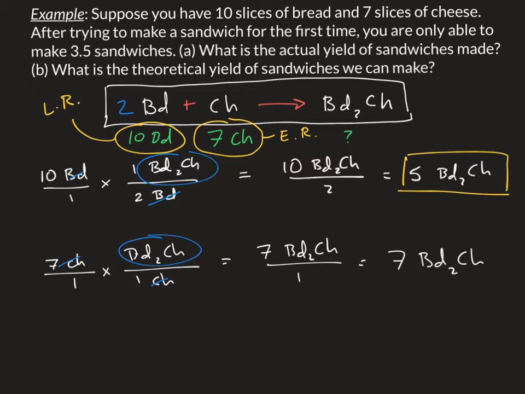So if we were to use up all 10 slices of our bread perfectly, we didn't drop any on the floor, the dog didn't run in here and jump on the counter and take a couple slices, your little brother, little sister didn't come in and snatch a slice. If we used all 10 slices without anything happening to them, perfect situation, we can make 5 sandwiches, okay?